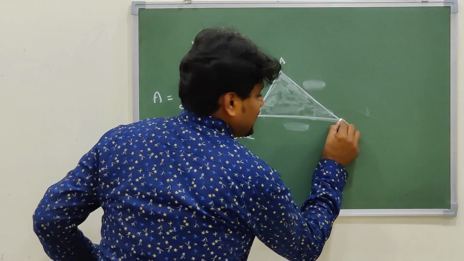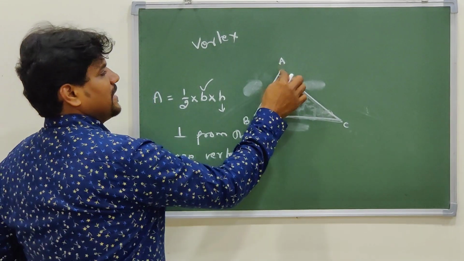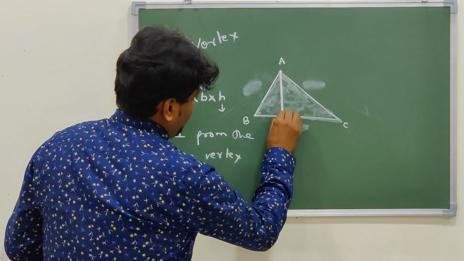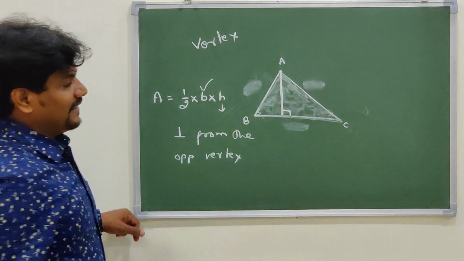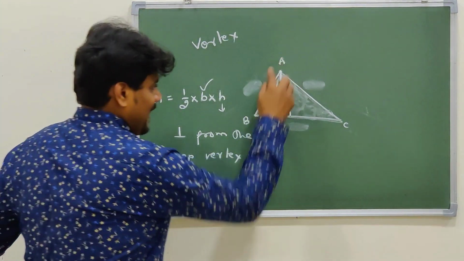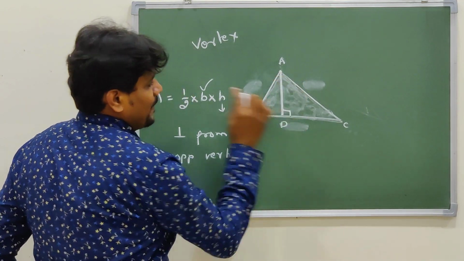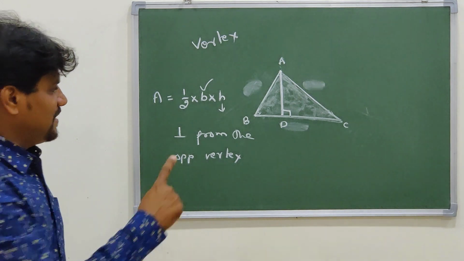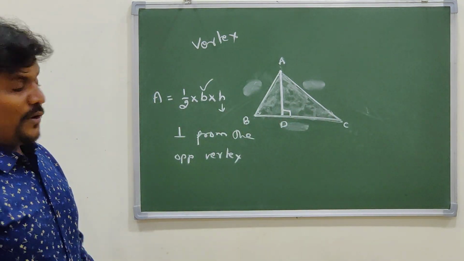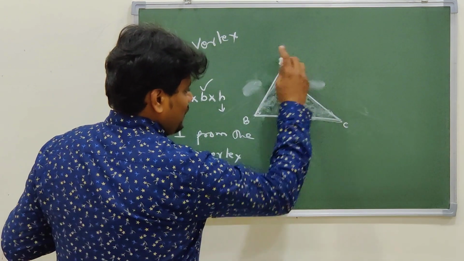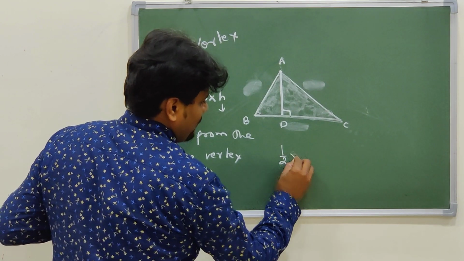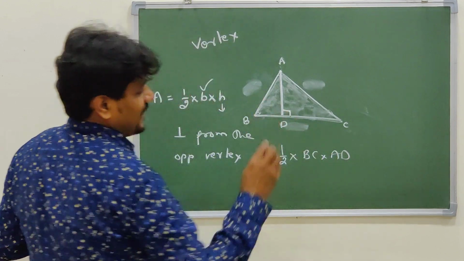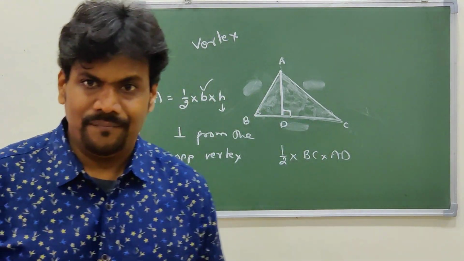The side is BC, opposite to BC is A. If you draw a perpendicular from A, children, then this A, let's name it as D, will be called the height of the triangle when BC is the base. So in that case, the area of this triangle will be half into BC into AD. That's half into base into height.